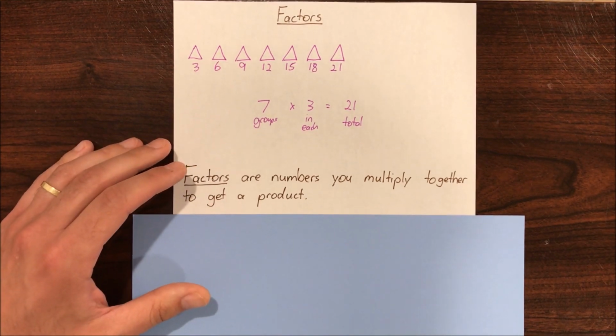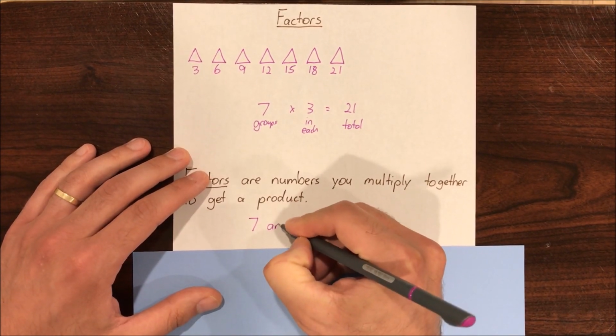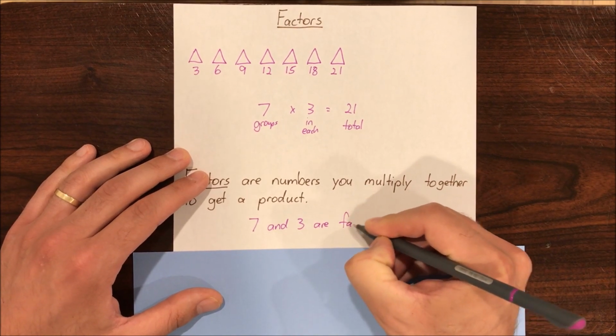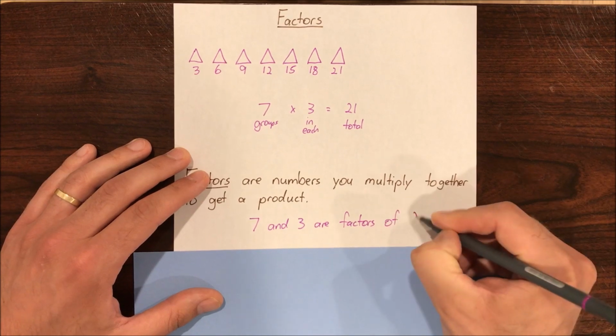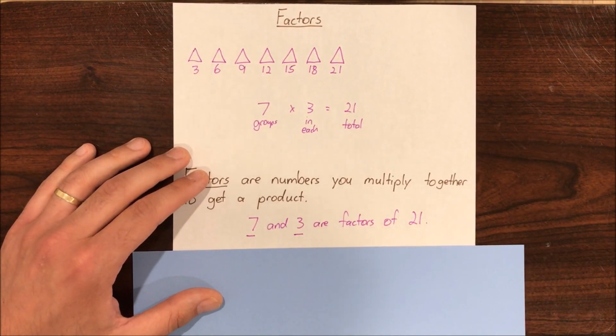I'm going to add that to my visual anchor here so we remember. 7 and 3 are factors of 21. Great.